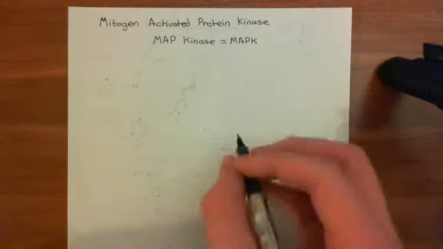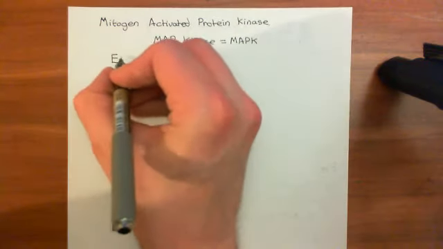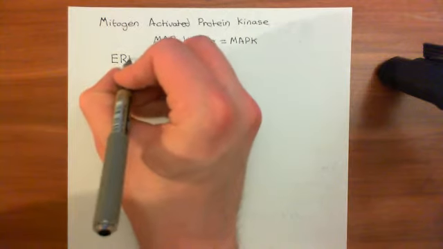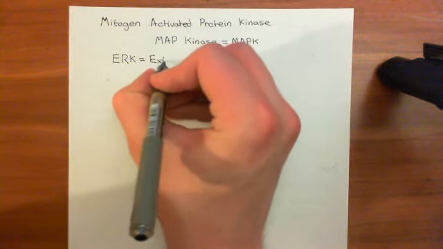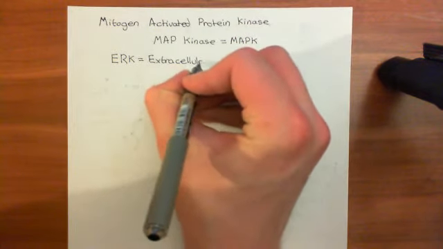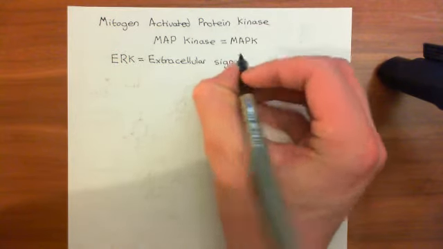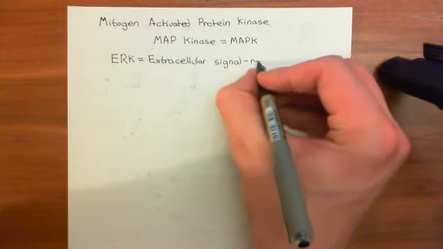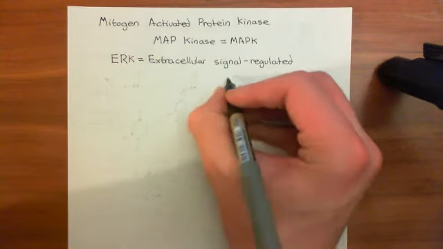Okay, right. Now, annoyingly, this enzyme has another name, basically. It's also known as ERK, and ERK stands for extracellular signal regulated kinase. So the E is for extracellular, and then the S doesn't get anything, so signal doesn't get a letter, and then the R is for regulated, okay, and then finally the K is for kinase again.